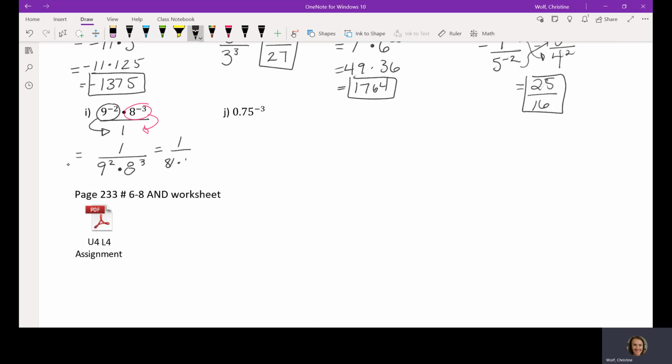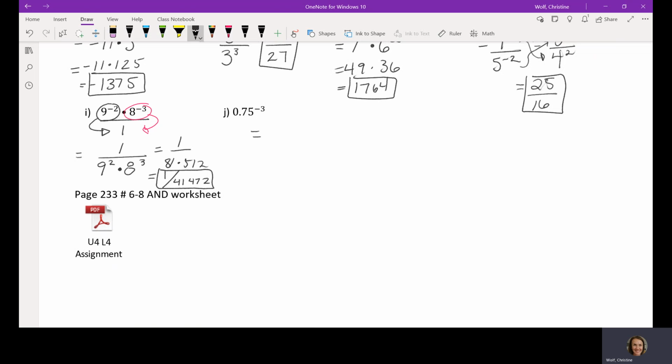It's 8 times itself 3 times. 8 times 8 times 8, which is 512. So on the bottom, you have 81 times 512, which is a big number, and it's in the denominator, so it's 1 over 41,472. So remember that big number is on the bottom because we sent everything to the bottom. You need that 1 up top. Okay.